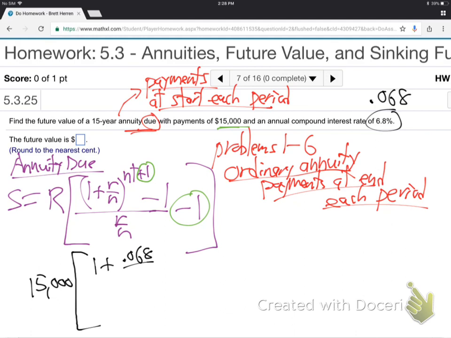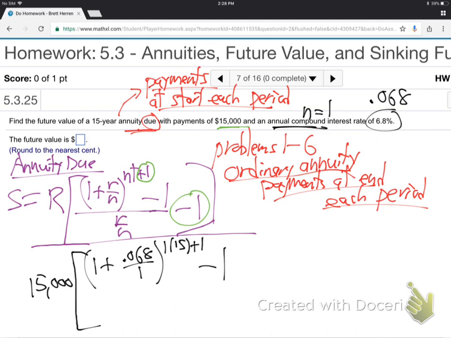Over N. What's N? What's the number of compoundings per year on this one? 1. Yeah, 1, because it says annual, once a year. To the N, which is 1, times T, 15 years, plus 1 up there, all minus 1, over 0.068 over 1, and then the other minus.